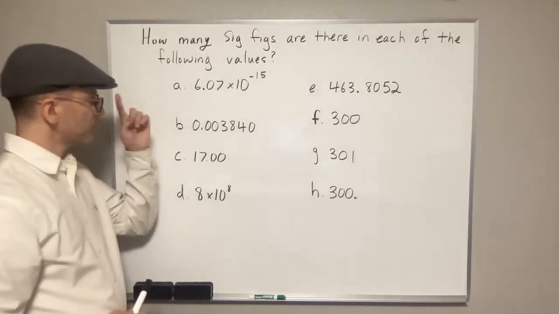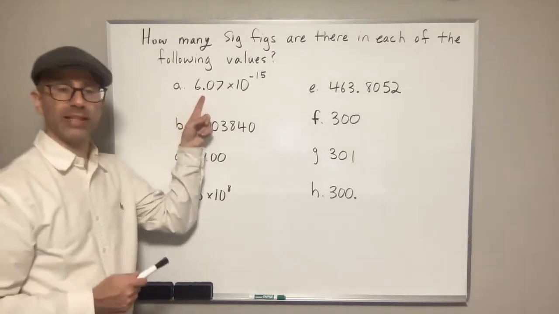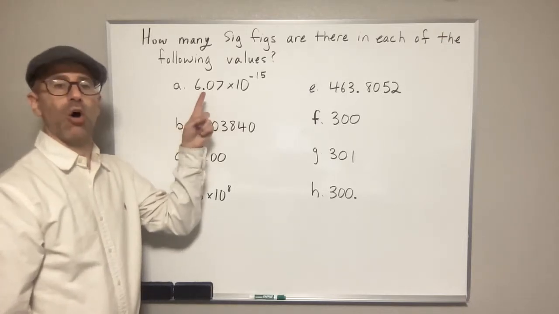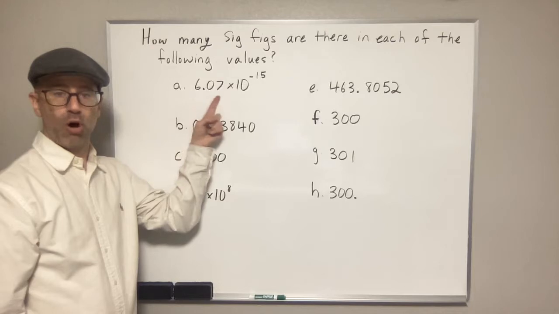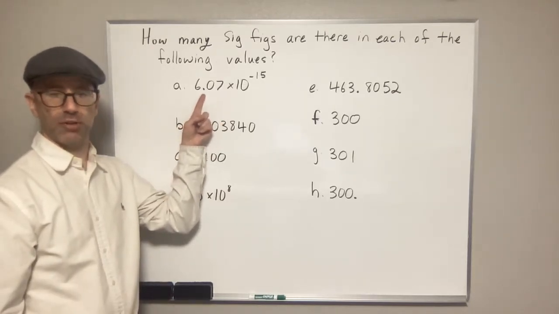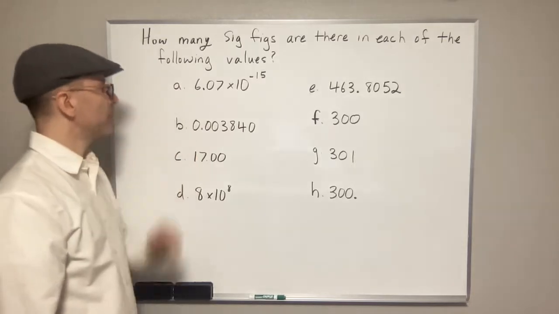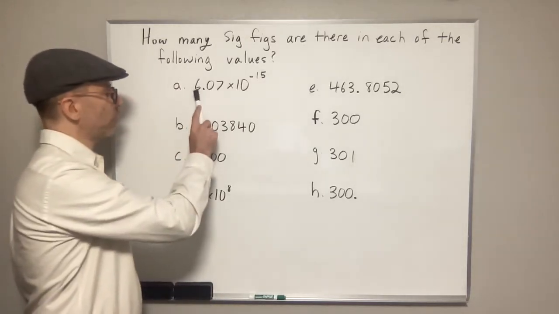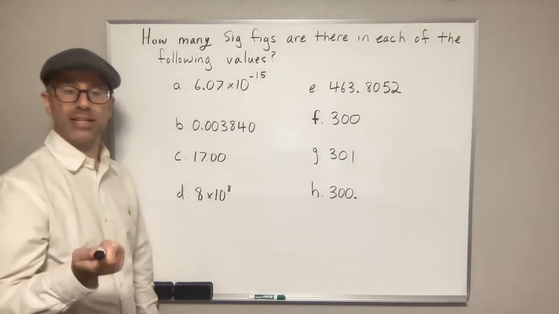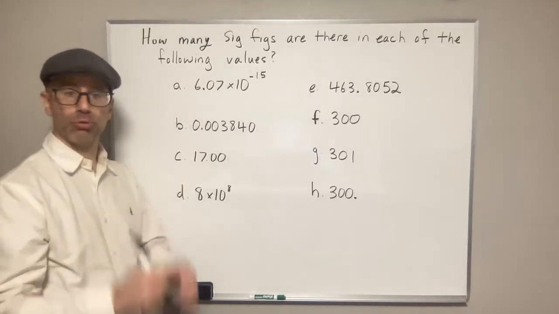All right, so one thing you want to know about scientific notation, anytime that you're given a number in scientific notation, all the digits that they give you are automatically assumed to be significant. So if we look at this, we'd have 1, 2, 3. So this would be 3 sig figs. In addition to that, we could use the sandwich rule as well.